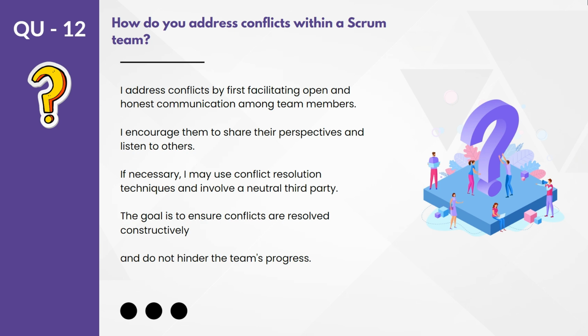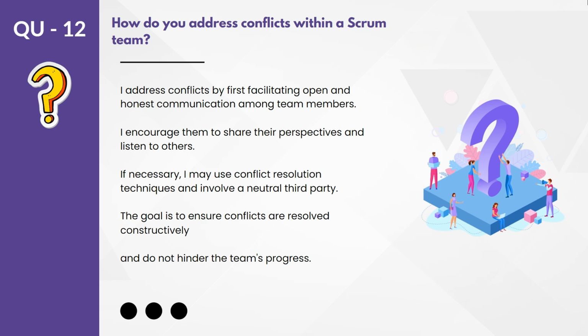Most of the time I have seen conflicts are there because there is a lack of communication, some communication gaps are there, and the message is interpreted in a wrong way. So everyone should share their perspective, and at the same time they should be listening to others. So that is my approach which I always prefer.